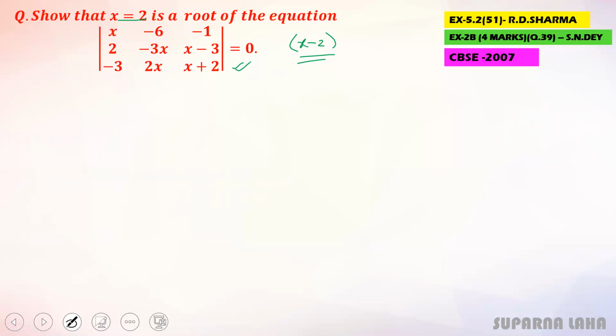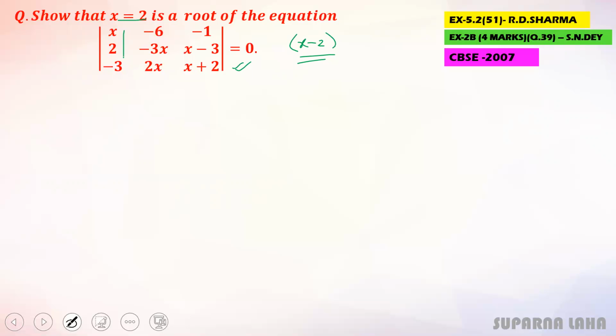Right? That means we need to take x minus 2 common from a row or from a column. So first bring this x minus 2 into a particular row or a particular column. Now look at here, this x and 2 in the first column. So you can easily say that if we subtract, x minus 2 will be a factor.